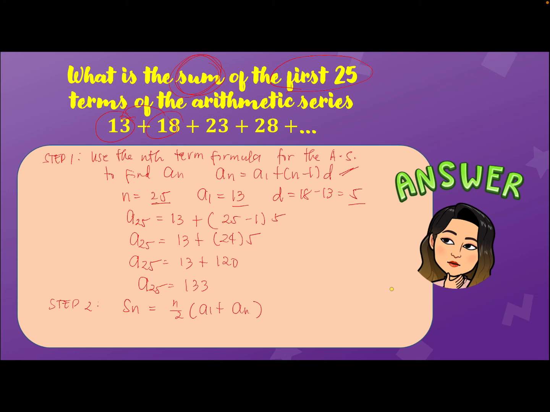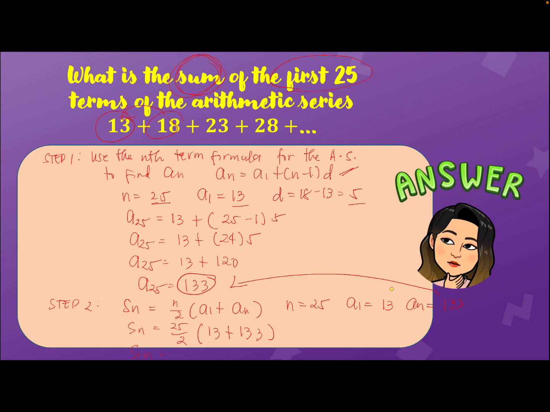We can now replace n with 25. Our a sub 1 given is 13 and our a sub n is 133, the value we got. So let's substitute. We have sum of n is equal to 25 over 2 times the quantity a sub 1, which is 13, plus a sub n, which is 133.